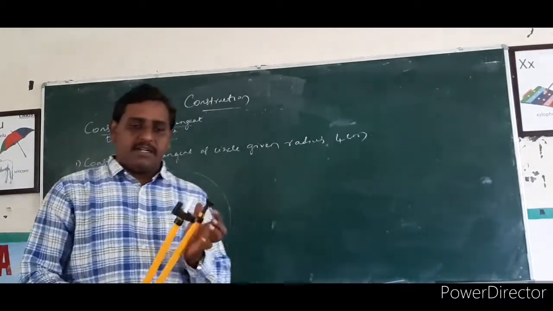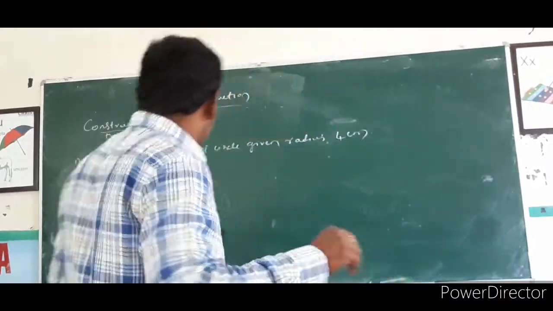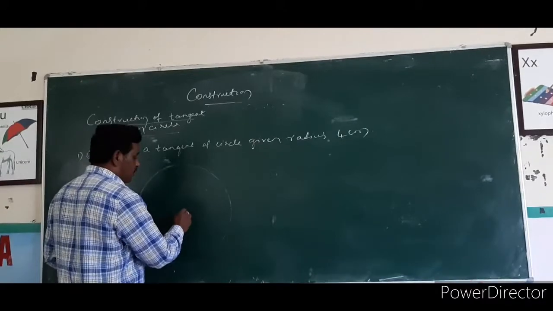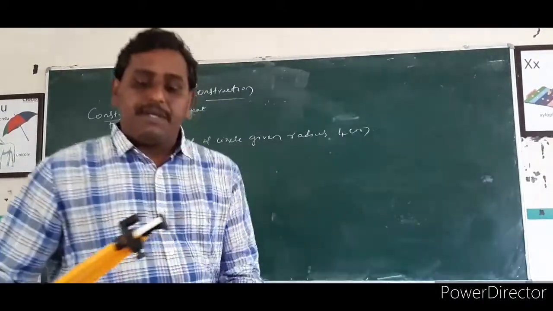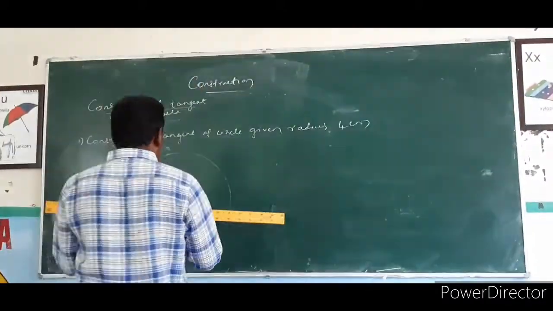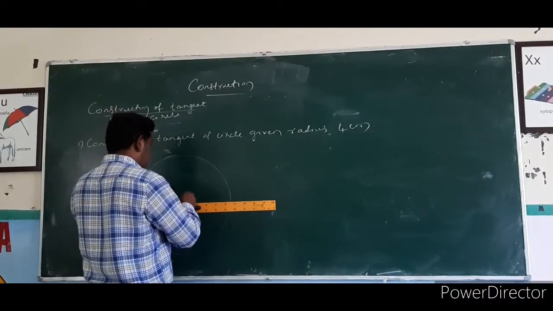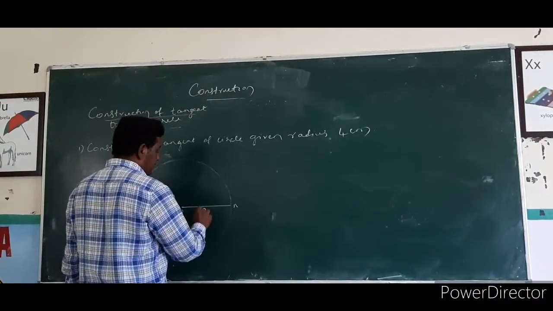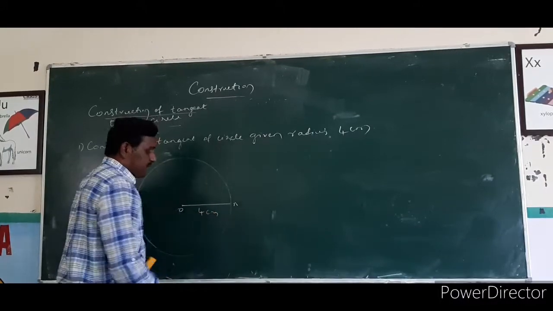So draw one circle of 4 centimeter. Where you put the compass point, this is the center O. If you join from here to here, you will get OA equal to 4 centimeter.